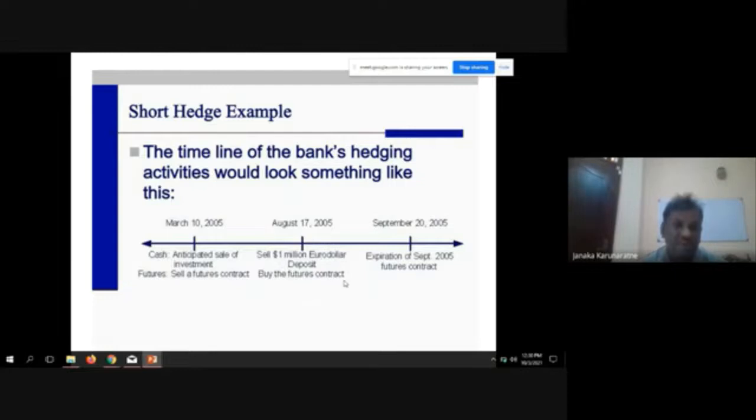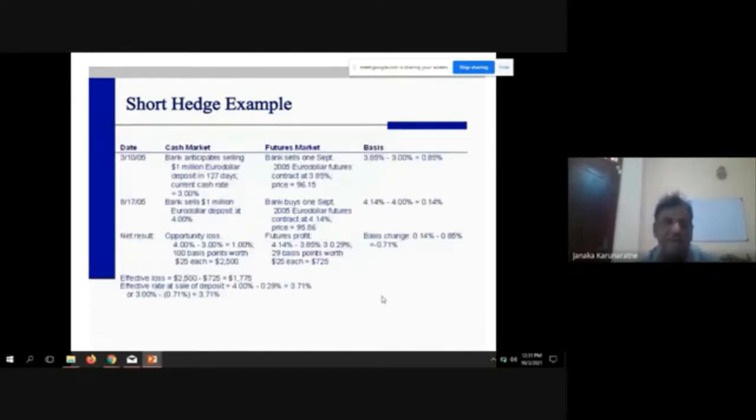But since the interest rate goes up, futures contract price also comes down. But you have already sold futures. So you can buy at a lower rate compared to what you agreed to sell at on March 10, 2005. So you make a gain here. You make a loss here. Right? So you can reverse the trade.